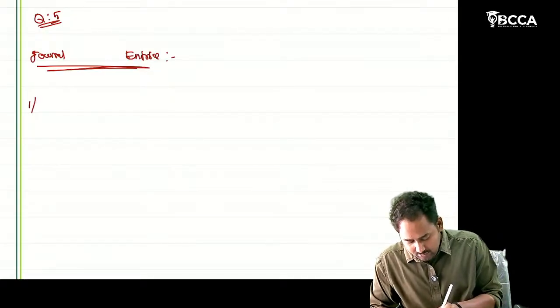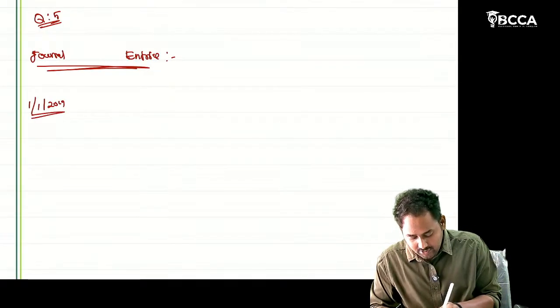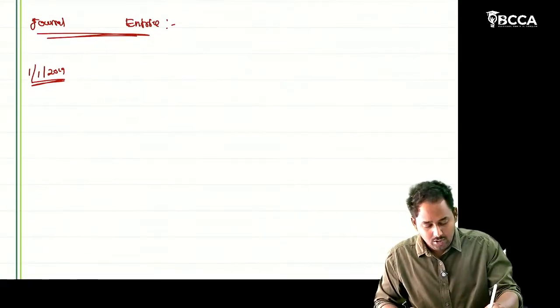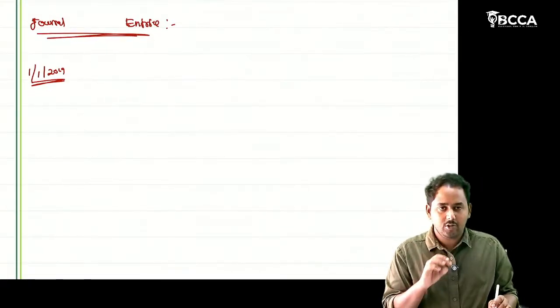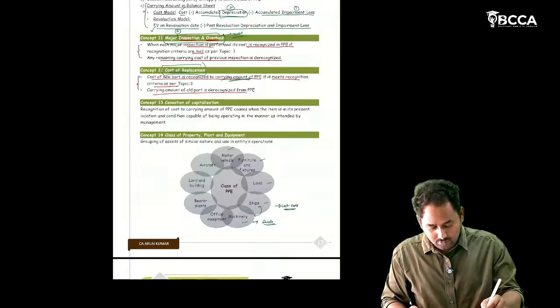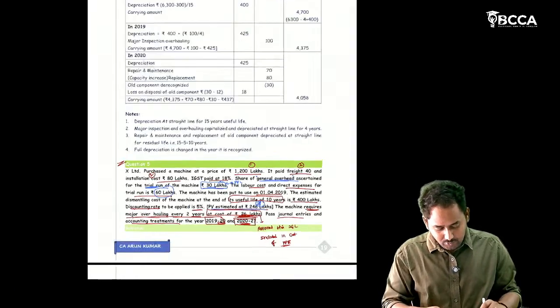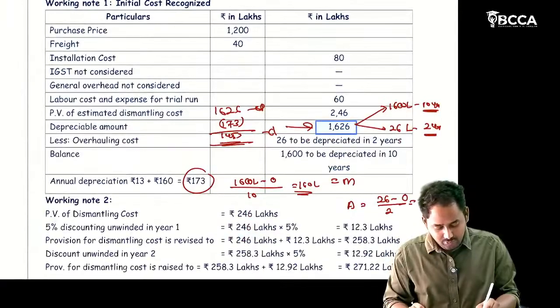So, 1/1/2019. On this date, we have purchased the asset, right? Now, tell me, what is the total cost of the asset? 1626.